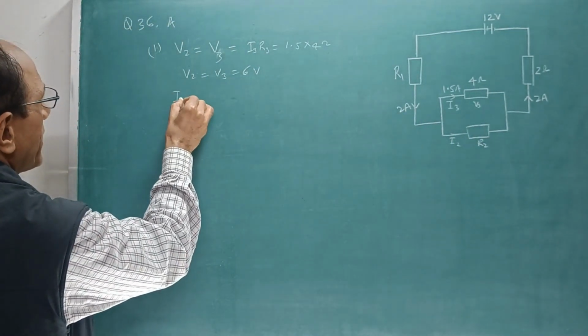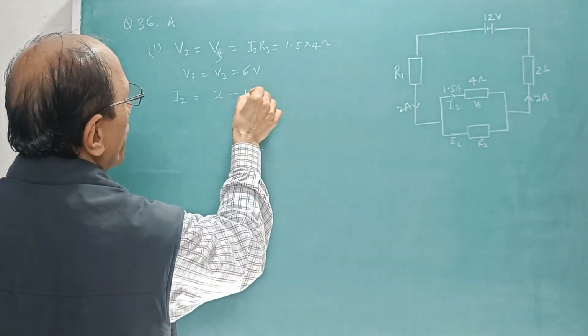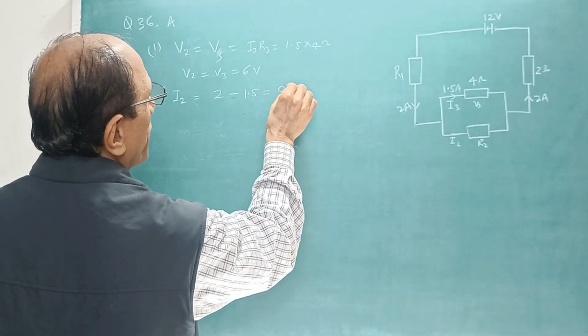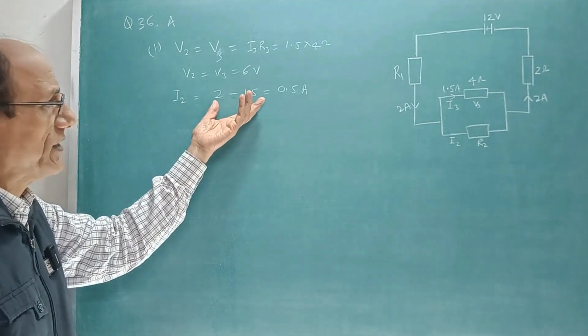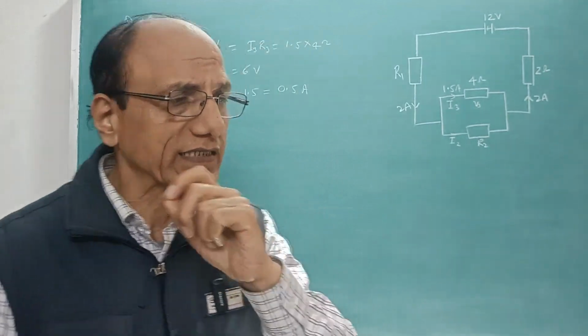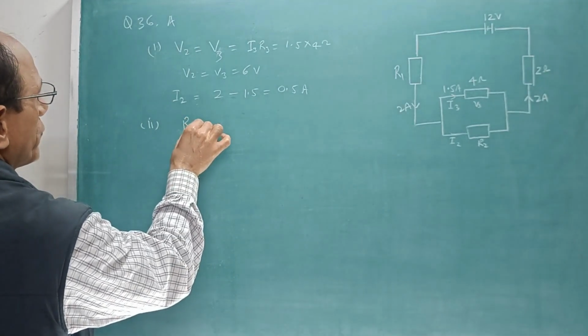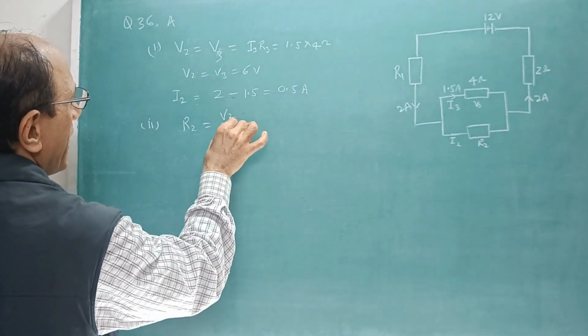Similarly, you can find out the current I2, that will be equal to 2 ampere minus 1.5, that is 0.5 ampere. We need that later on. Find the value of resistance R2. So second part is, you have to find the value of R2. So R2 will be equal to V2 by I2.